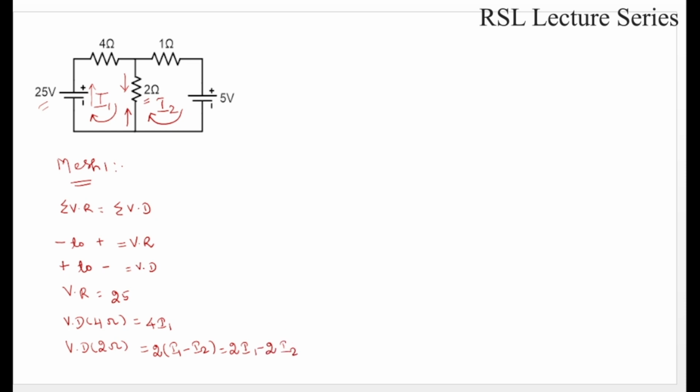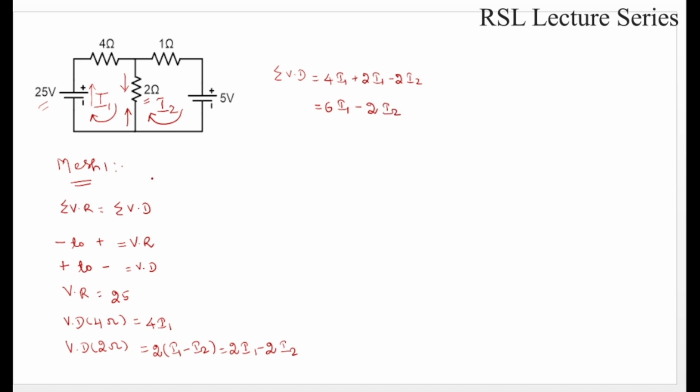We have only 3 elements, and we have written all the voltage rises and voltage drops. Now we add all the voltage drops: 4I1 plus 2I1 minus 2I2, which equals 6I1 minus 2I2.